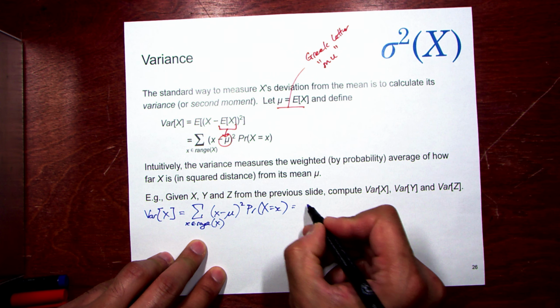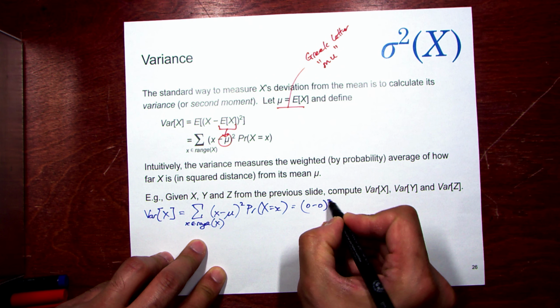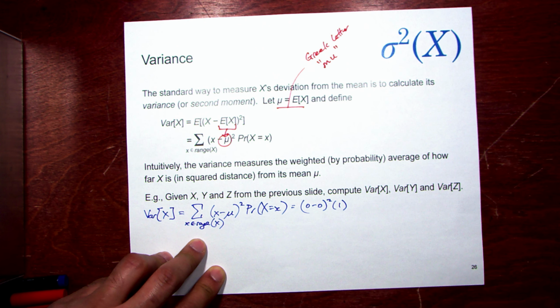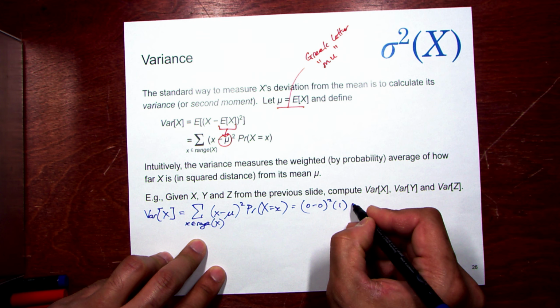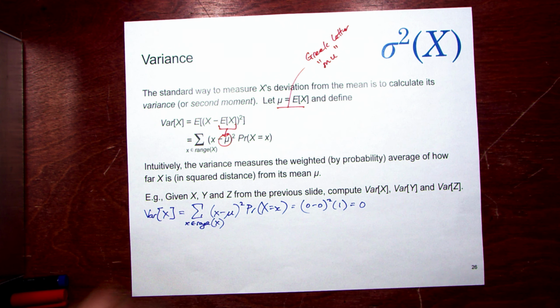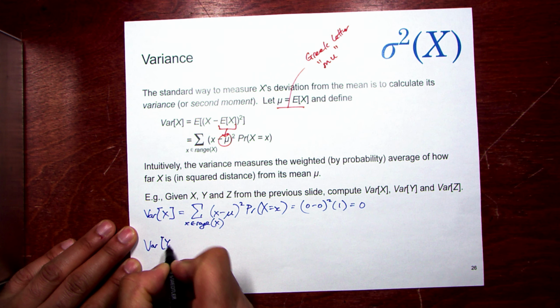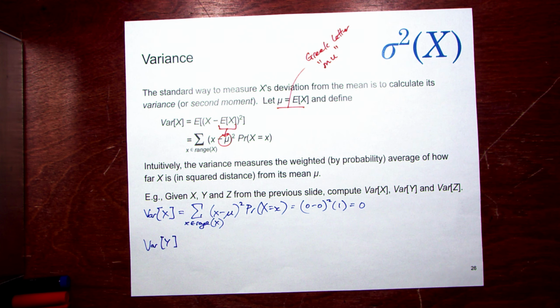So we take 0 minus 0 and we square it. That's pretty easy to do. We multiply by its probability. Multiplying by 0 or 1, those are my two favorite numbers anyway. Variance is 0. No variance, it has only one outcome. It doesn't vary. It sort of makes sense, right? Variance of y will be non-zero.